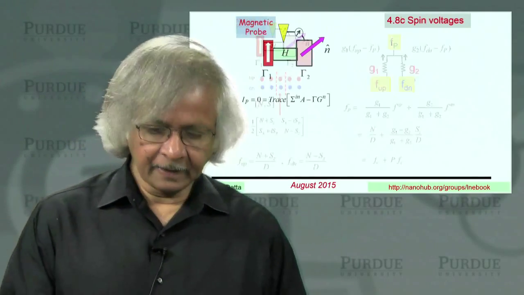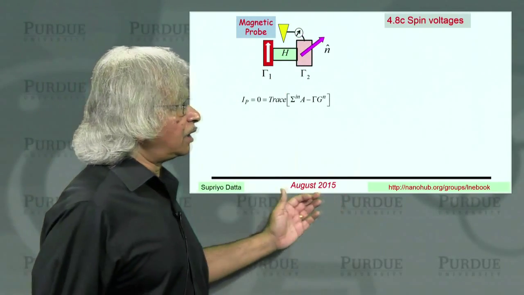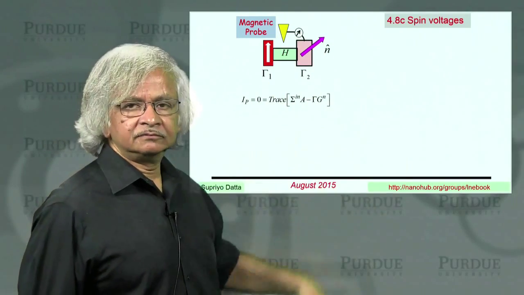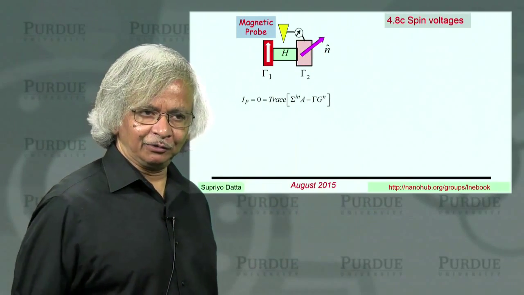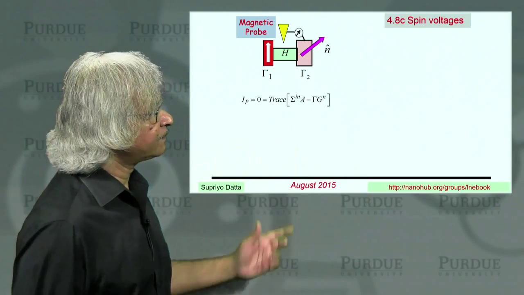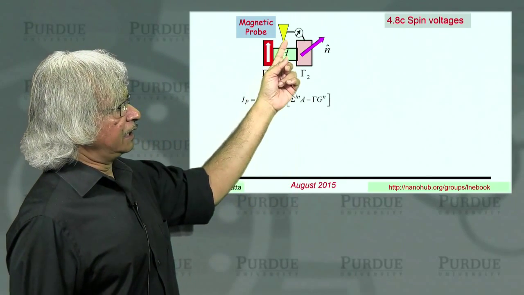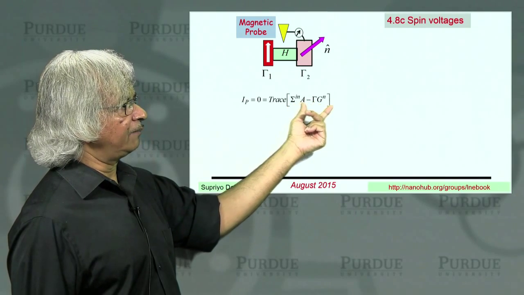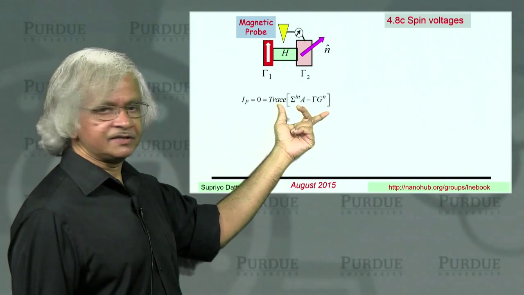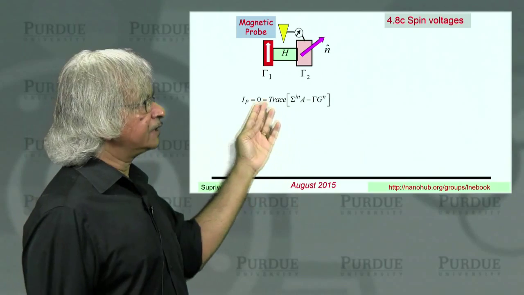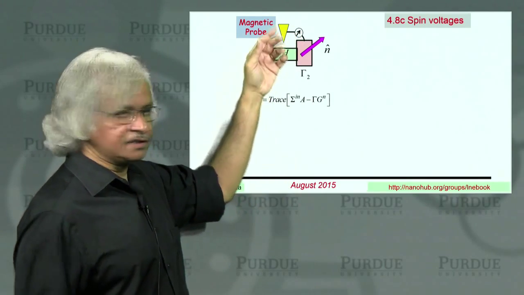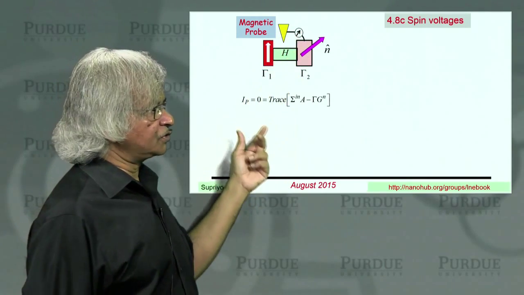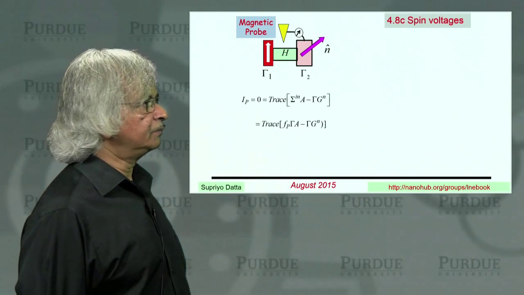difference. Okay. So now what we want to do is do this problem in the full quantum mechanical way, that is with the NEGF method. So now you would say, well, the current at this probe is given by the trace of Sigma in A minus Gamma Gn. And since it's this high impedance probe, no current flows, so that current must be 0.